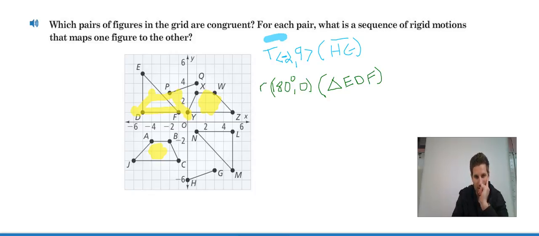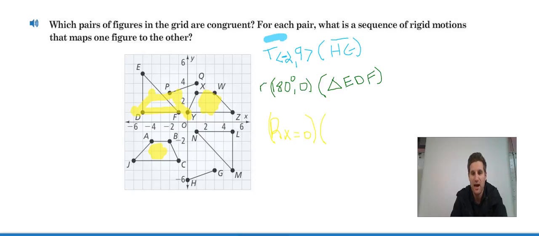All right, so we want to first reflect. Okay, so we're going to reflect, so that's big R, and we're reflecting over the y-axis. So we can say that's called the x equals 0 line, technically. And we're going to do that.